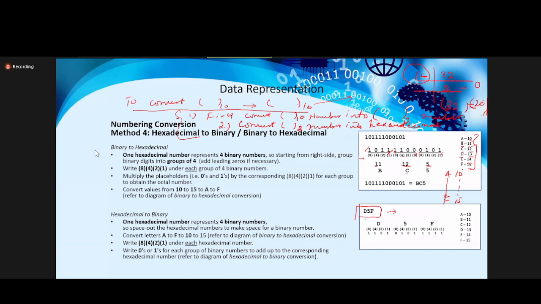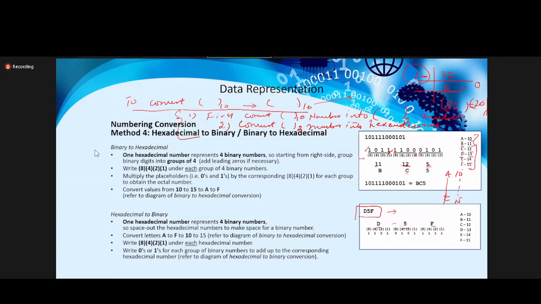All you need to do is follow the same procedure, a little different: rewrite them, this time the hexadecimal number, D5F, with some displacement, and then write down the binary code for each of the hexadecimal digits.